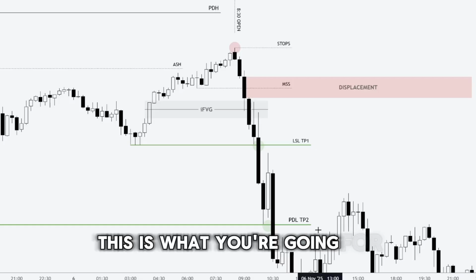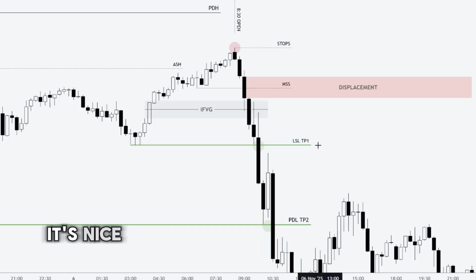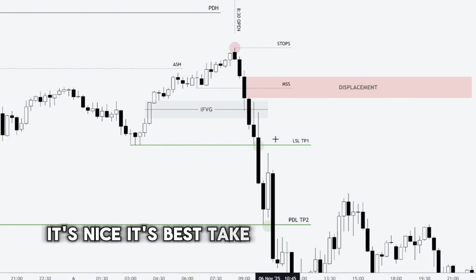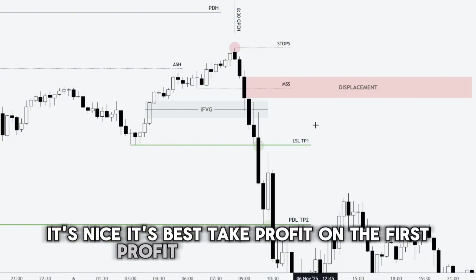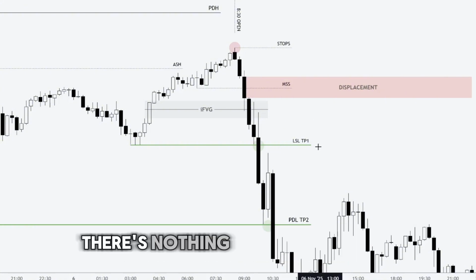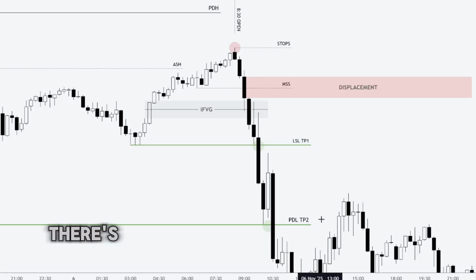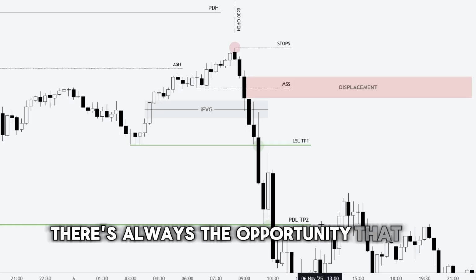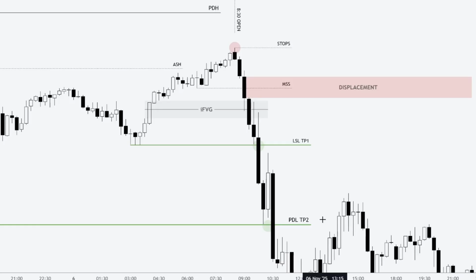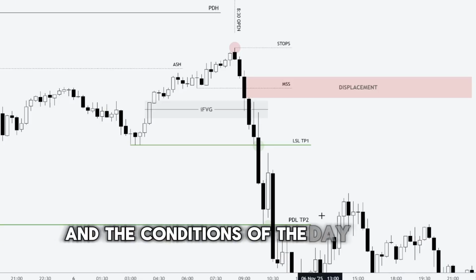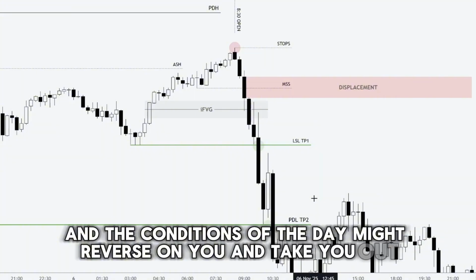Now, for a beginner trader, take 100% off at take profit 1. This is what you're going for. It's nice, it's best. Take profit on the first profit-taking opportunity. There's nothing wrong with that. You're securing capital. There's always the opportunity that it doesn't go to take profit 2, and the conditions of the day might reverse on you and take you out.